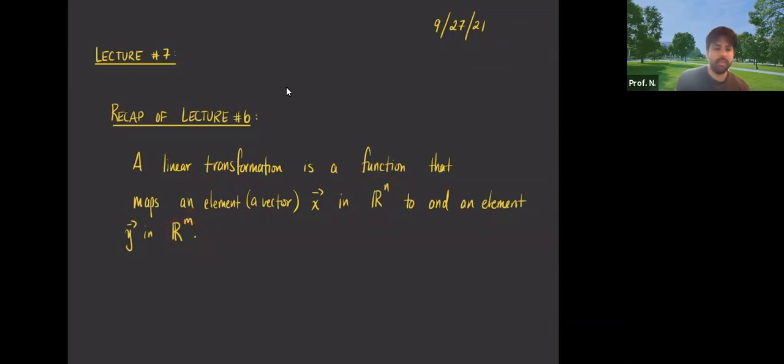And then we're talking about this idea of n-dimensional space, m-dimensional space. We're accustomed to the real line, which is R1. We've dealt a lot with the XY plane, which is another two-dimensional space, R2. And then we talked about the XYZ space, which is R3.